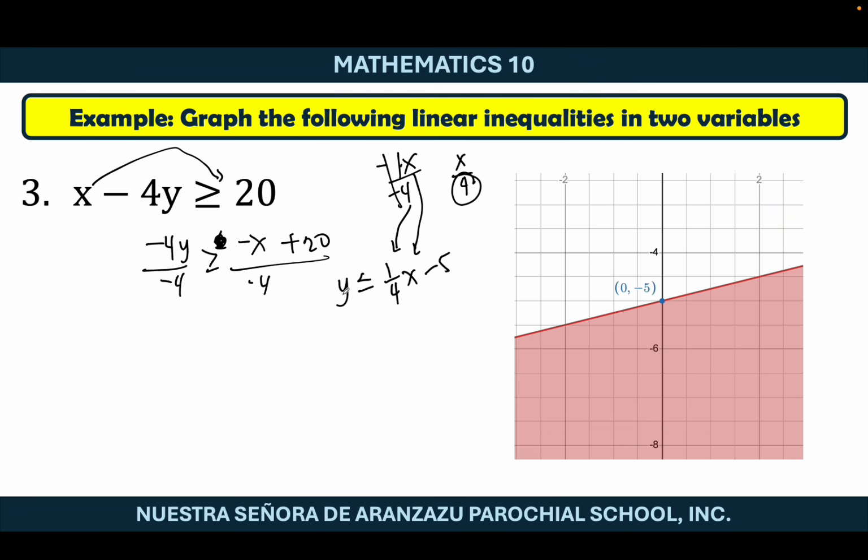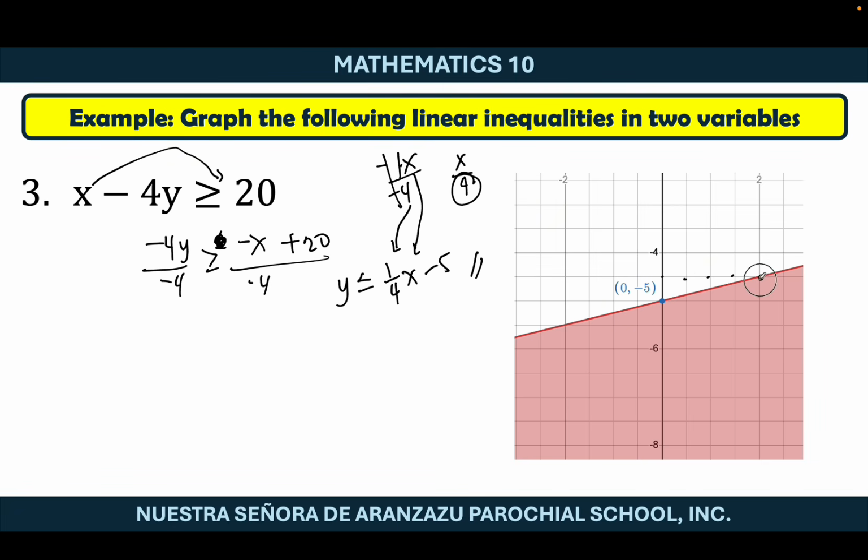So, we now have this inequality, equation or inequality mathematical sentence. Okay? Now, our slope is 1/4. Okay? And the y-intercept is 0, negative 5. Ito yon. Then, since 1/4 siya, so magmo-move ka upward ng isa. Dito yon. Then, magmo-move ka to the right ng 4. So, 1, 2, 3, 4.